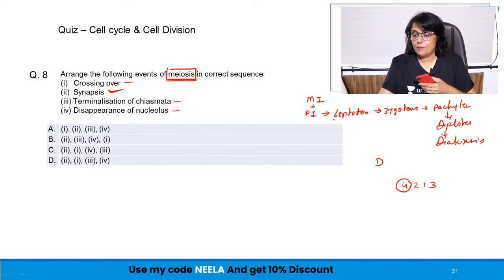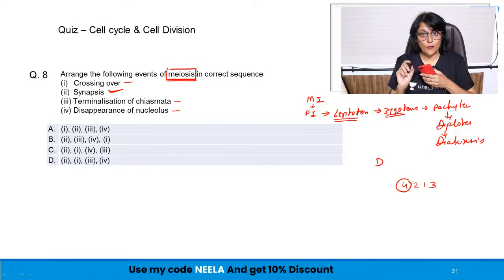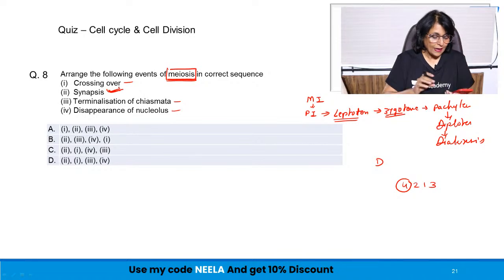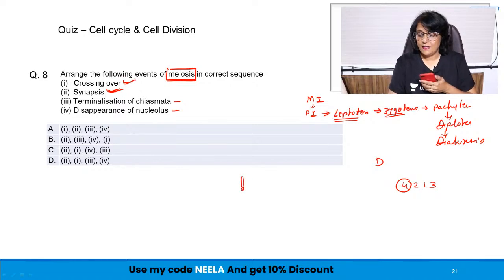In leptotene, condensation starts. In zygotene, there is pairing of homologous chromosomes, which is called synapsis. So the first step is synapsis. And after synapsis, what happens is crossing over.